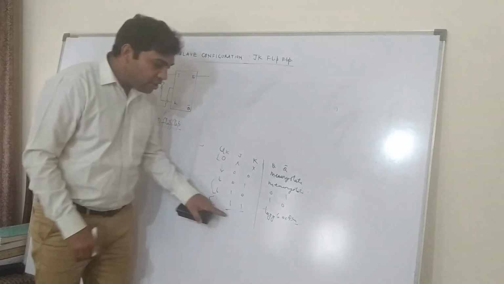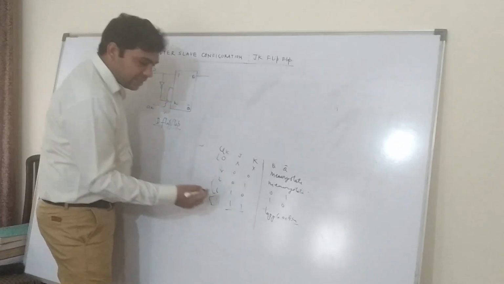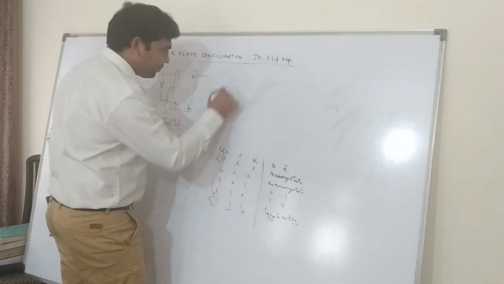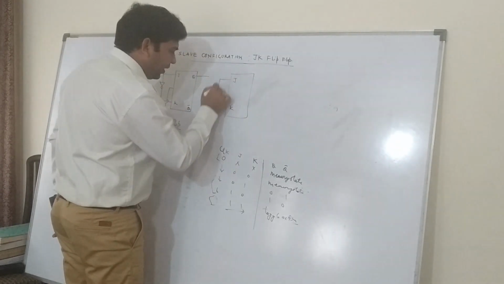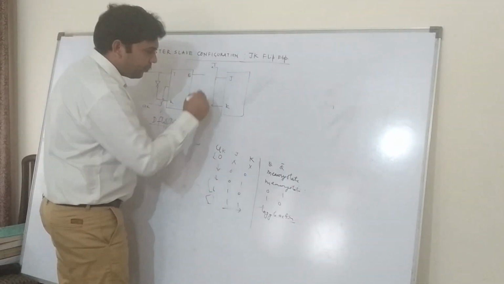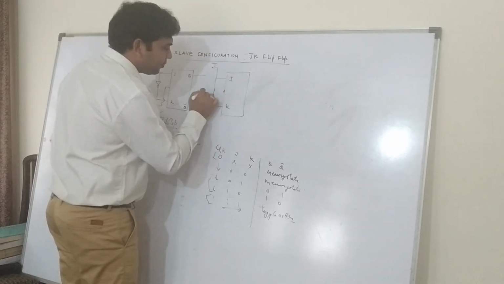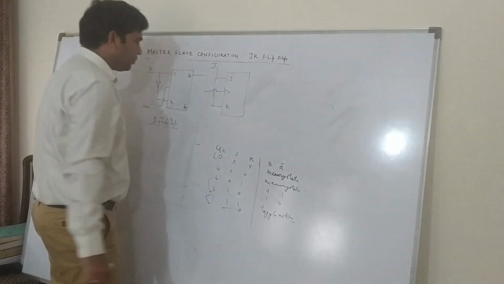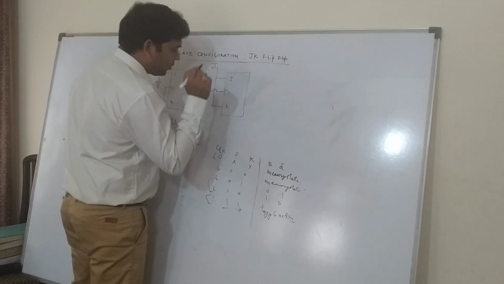If we want only the toggling action for some applications, what we can do is we can have a JK flip flop and tie up both inputs together. We call it T, because T is for toggling, and this is your clock.